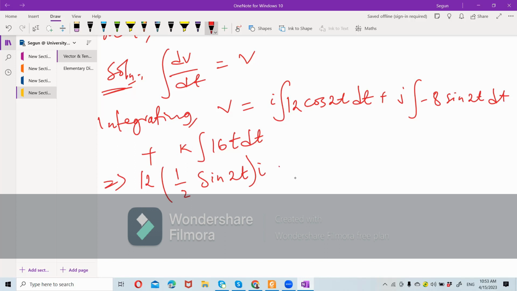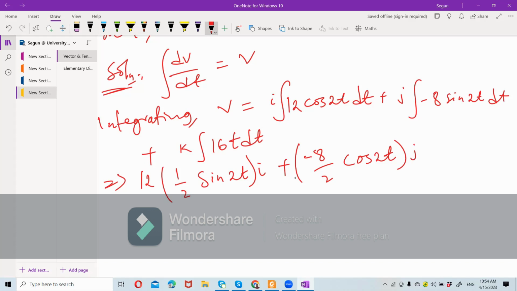i. Then plus, when you integrate this one, it's going to be minus cos, 1 over 2. Remember, you have negative 8, negative 8 over 2 again, cos 2t j.